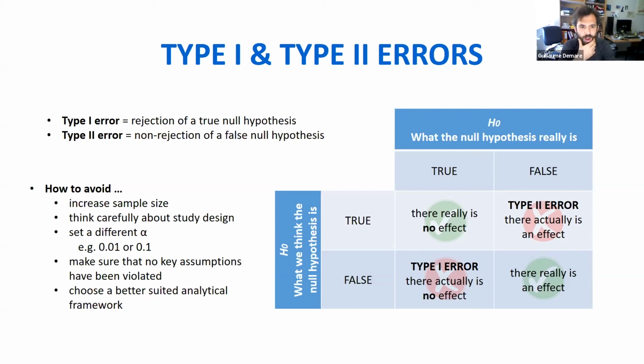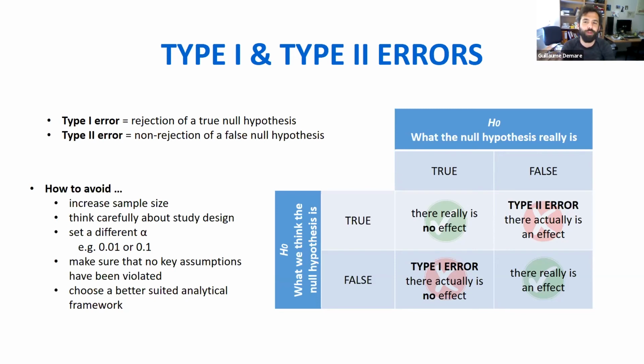A t-test, for example, is tailored for low sample size, so even with a low sample size you should still be able to draw the right conclusions. But increasing your sample size increases the statistical power of your test.